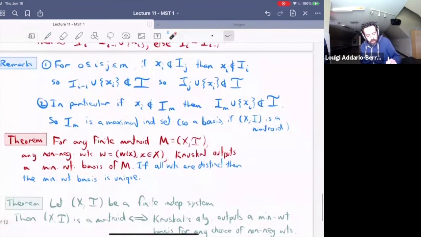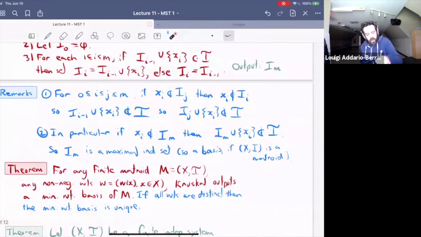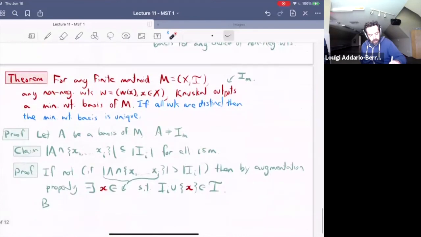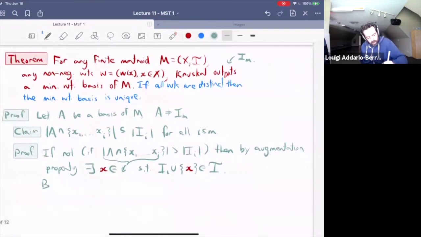That was the first remark I made. I said that anything that we didn't add at the moment we considered it, we can't add and remain an independent set. So that's not so. So this contradicts remark 1.